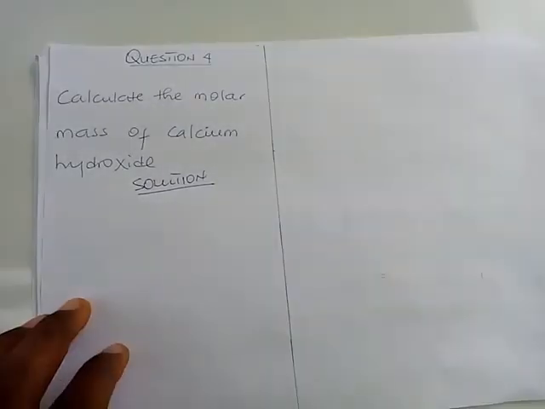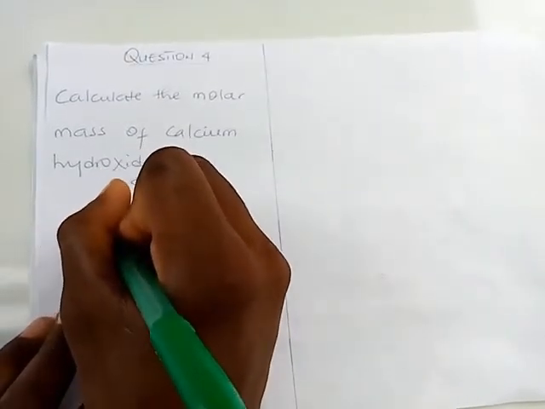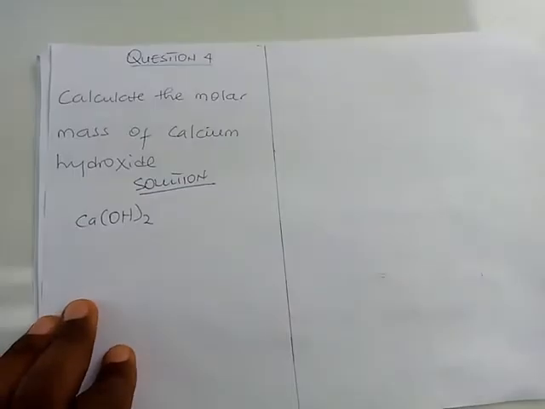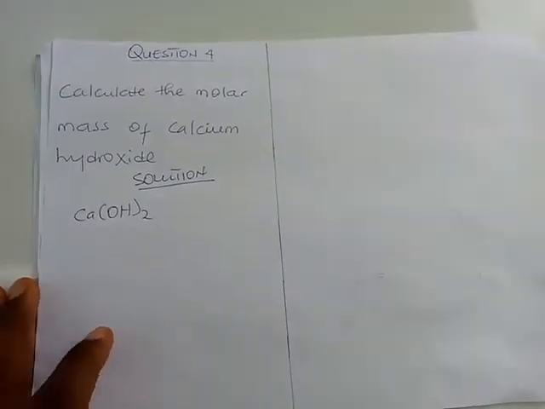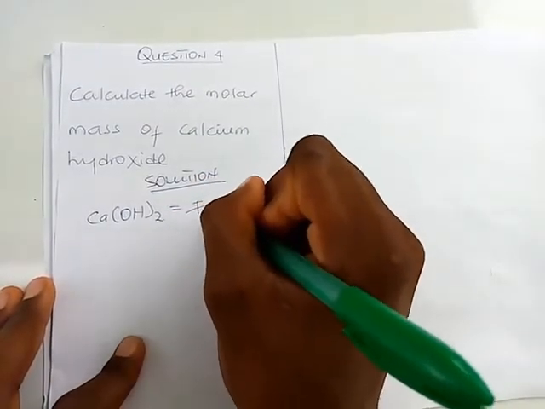So what's the formula for calcium hydroxide? Calcium hydroxide, that's calcium... That's the right chemical formula for this. So when we obtain this, is the formula.